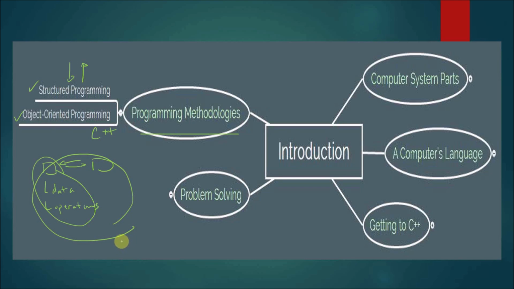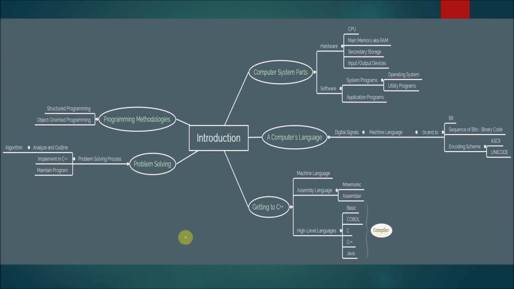And of course, a programming language that implements object-oriented design is called object-oriented programming. So to recap, we first started our discussion on computer system parts, from its essential hardware to the software that runs on top of the hardware that allows the hardware to interact with its different components, such as from the keyboard to RAM to your processor to back to RAM and then out to your monitor.